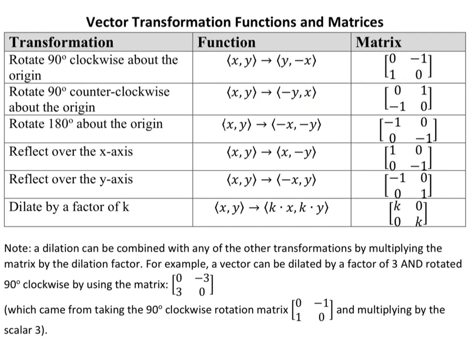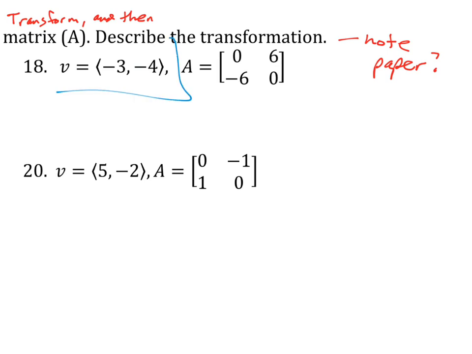This is very handy because it tells you what the transformations are, and it tells you what matrices do what transformations. So if you want to rotate 90 degrees clockwise, you use this matrix, and it's going to do this to your vector. And so you can use that to help you out. So first one here, we got this lovely vector, and it's being multiplied by the, actually, let's do 20 first.